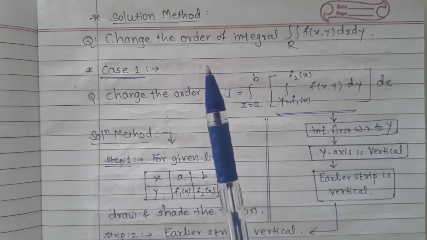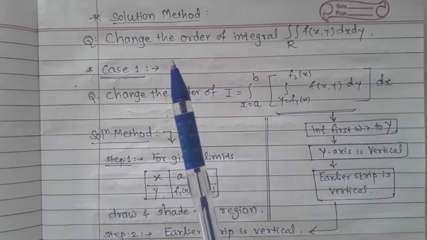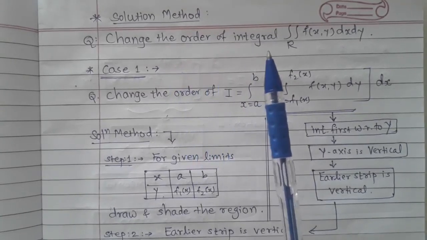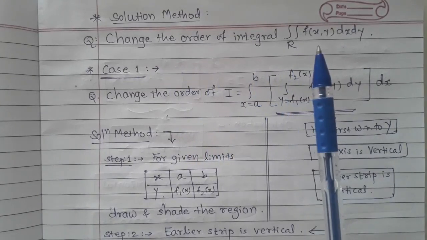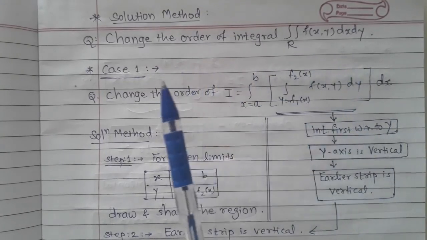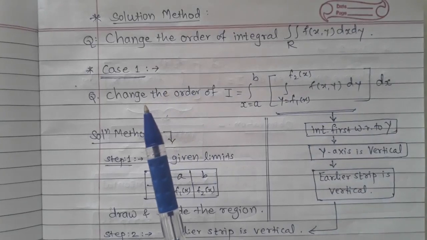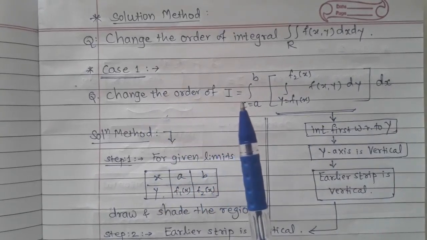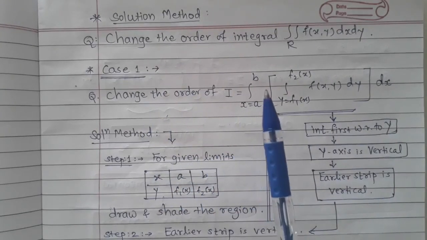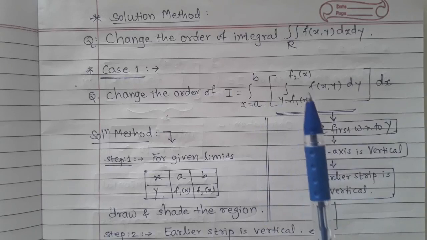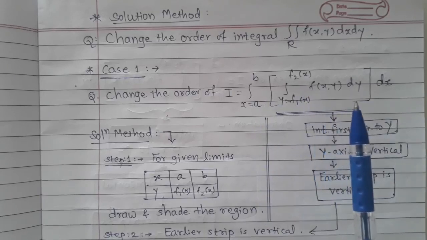Solution method for it. The question format will be like this: change the order of the double integration over R of f of xy dx dy. Case number 1, the question is change the order of I equal to integration x from a to b, integration y from f1(x) to f2(x), f of xy dy dx.